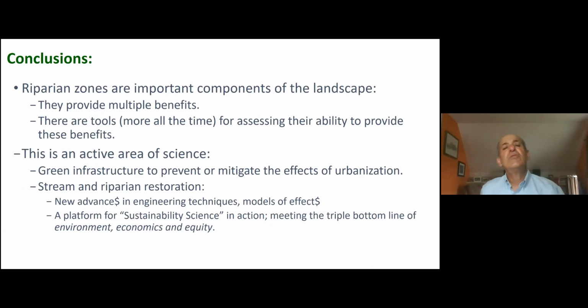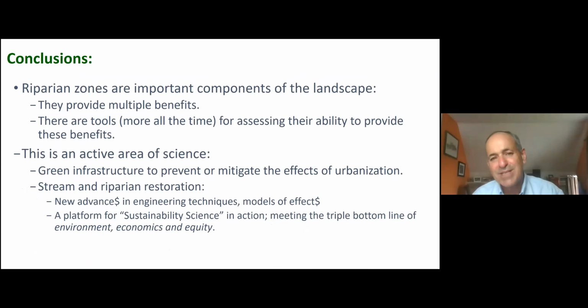over time. So in conclusions, as we go on to the rest of the seminar series, I've hoped to provide some of the scientific basis for why buffer zones and riparian areas are important components of the landscape. There's been a lot of good science, and we've been able to quantify those multiple benefits.